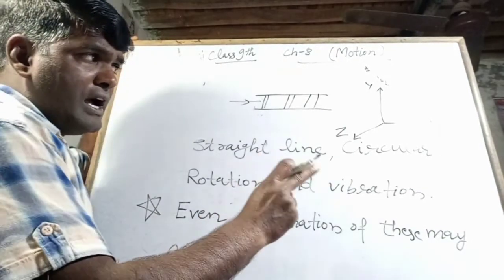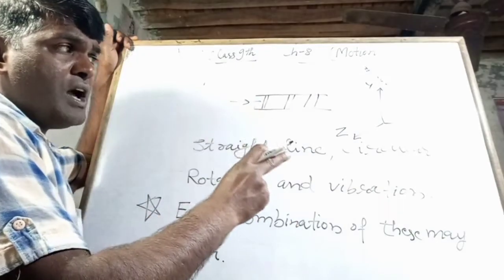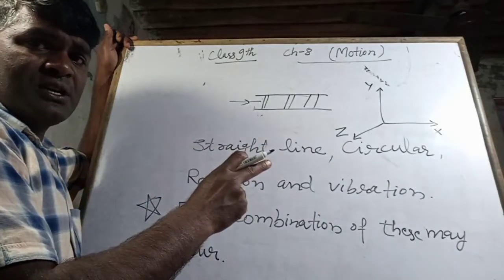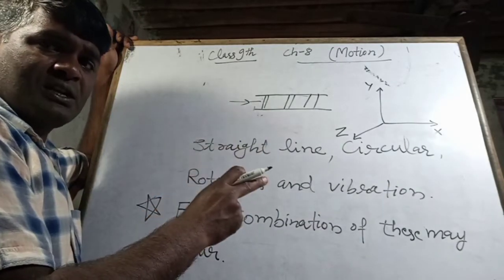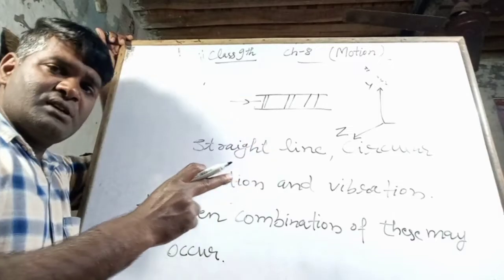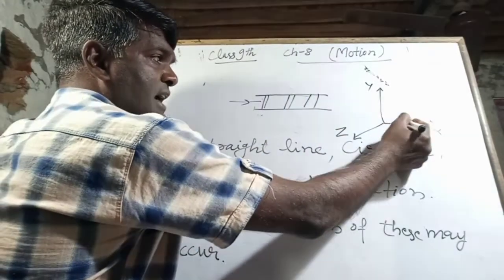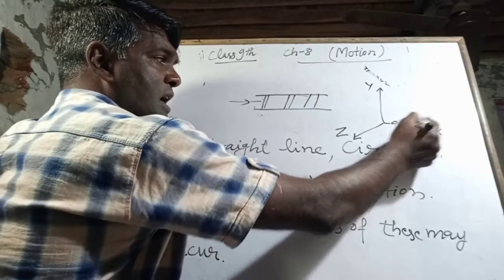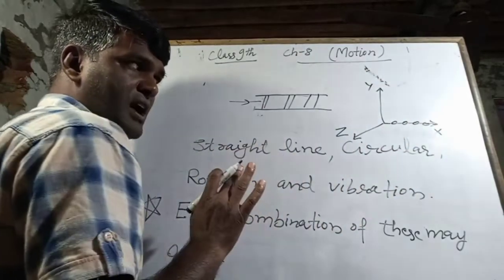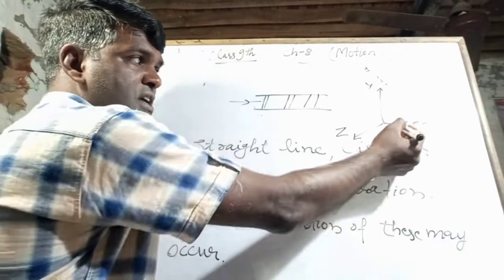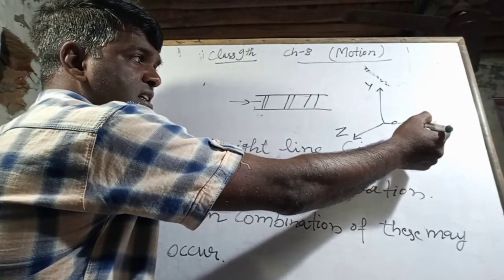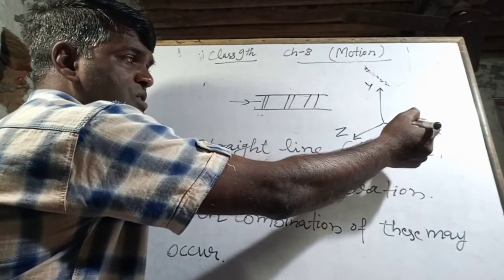If an object requires only one dimension to specify its motion, that object is moving along the x-axis only. The remaining 2 dimensions are not required for that object. So we can say that the object is in one dimensional motion.